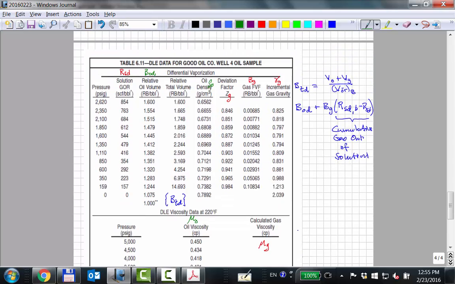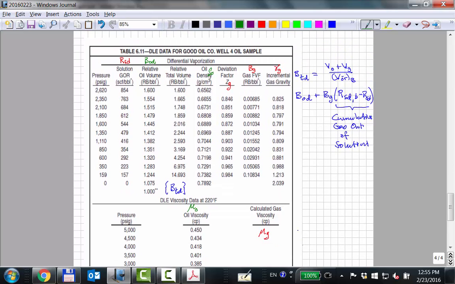It's BG times RSD1B. No, RSD, that's a D. Forget the D. I'll leave the D in green. So it's RSD at the bubble point. That means all of the gas back in solution.